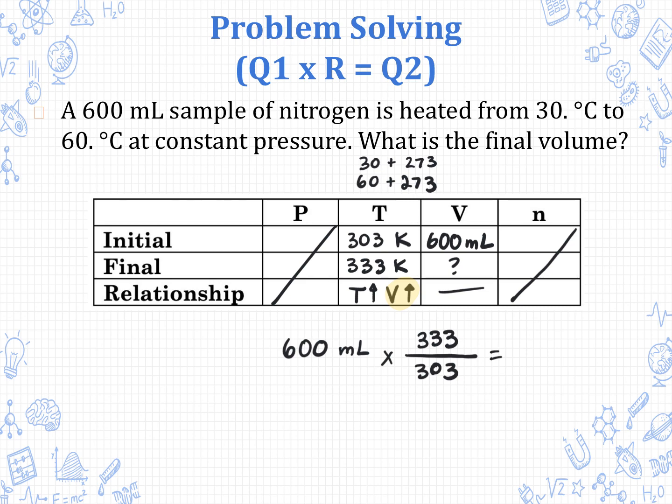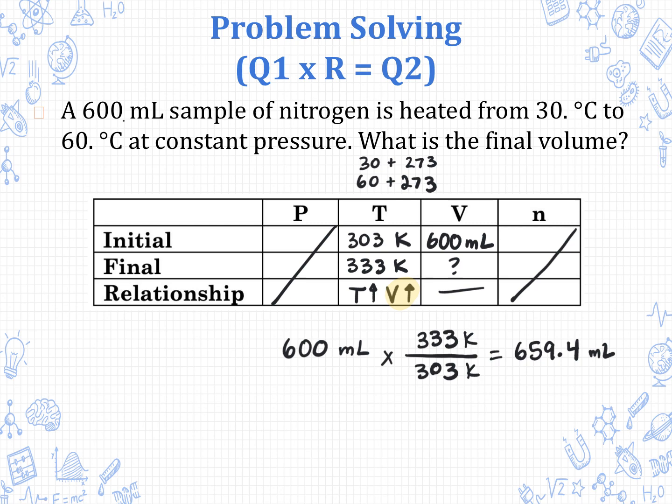So if we solve that problem, we get 659.4 milliliters. Now I've got to check sig figs. I notice that both 30 and 60 have 2 sig figs, and 600 with a point behind it has 3 sig figs.